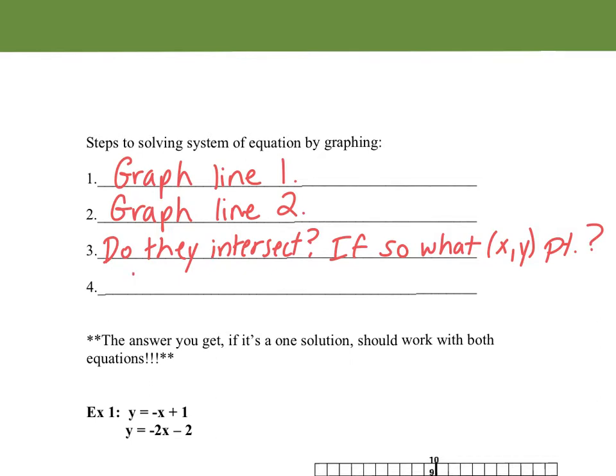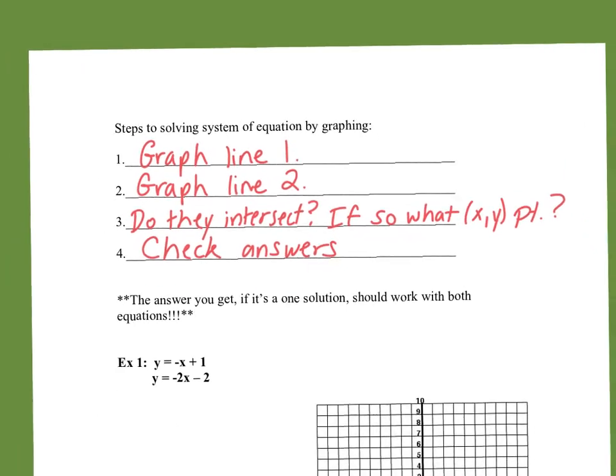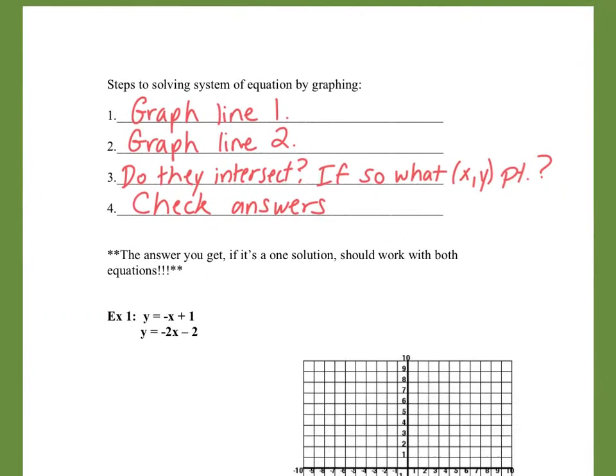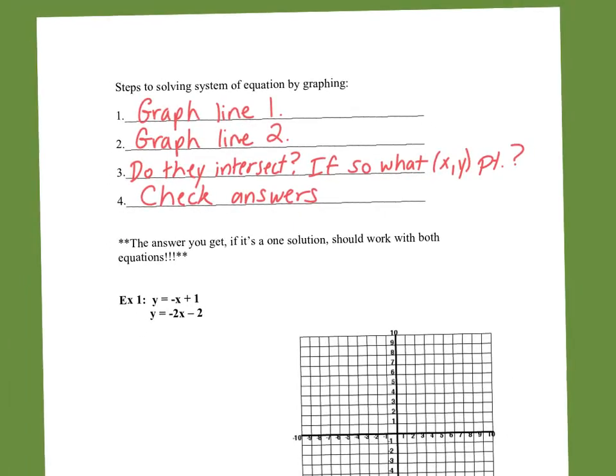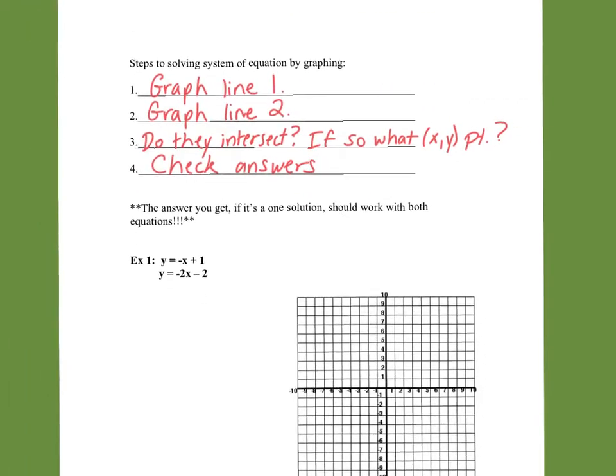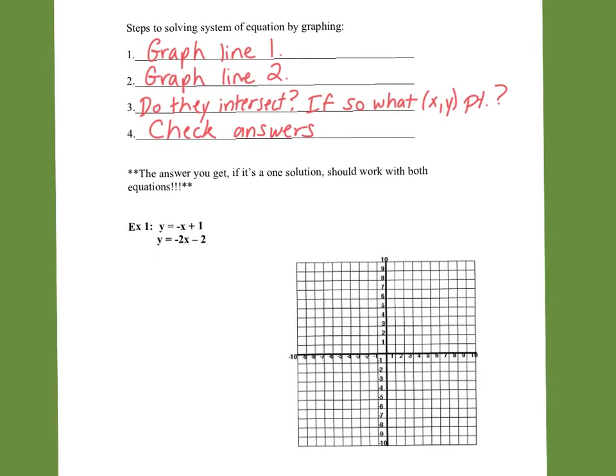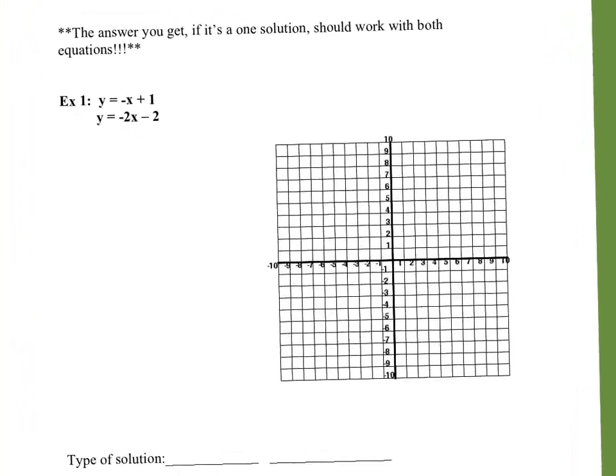And then last but not least, we can check our answers just to make sure. Always good to plug things back in just to check. So the answer you get, if it's a one solution, it should work for both equations. So that x y point, if I plug it in, it should work.